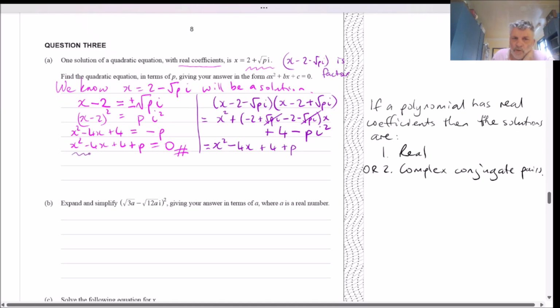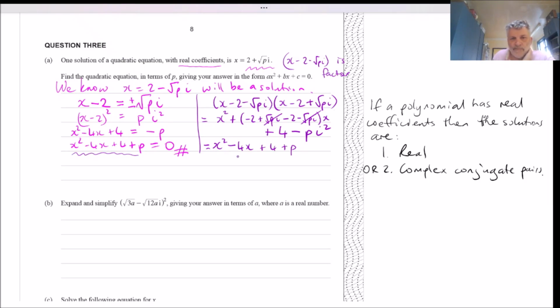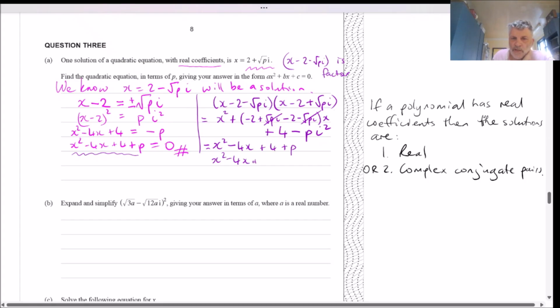So that's the same quadratic as we've got over here. This is just finding the quadratic expression, function if you like, so we do need to write it in the form of an equation that they required. And again, I suspect this will get you all of the credit.